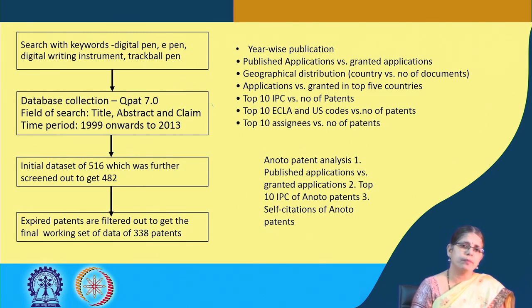Once you set the period of search, you then collect the patent documents. In this case the initial data set represented 516 patents.